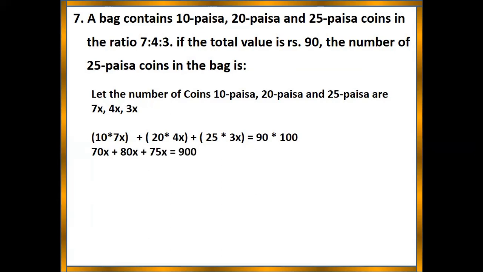So 70 plus 80, 150 plus 75, 225x is equal to 9,000. Clear all of you? So 225, 40 times, 9,000.